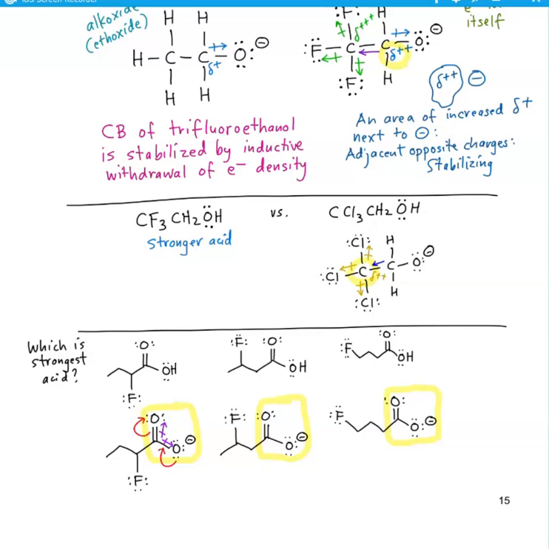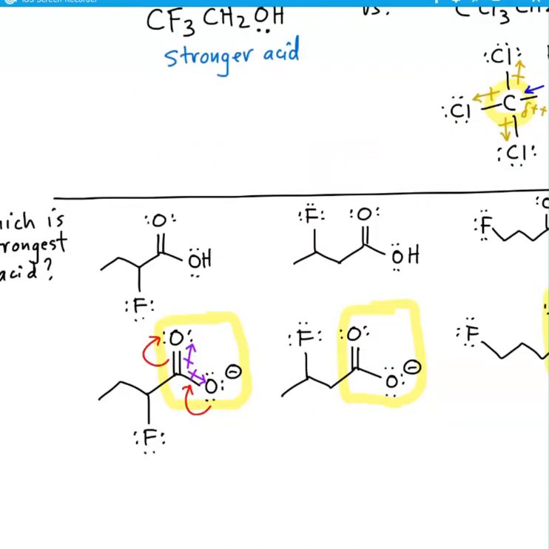But what the dipole in the carbonyl in that structure shows us is that electron density is being pulled away from the carbonyl carbon. That sets up an area of positive charge that's directly adjacent to the oxygen that has the negative charge. That would be an inductive effect.